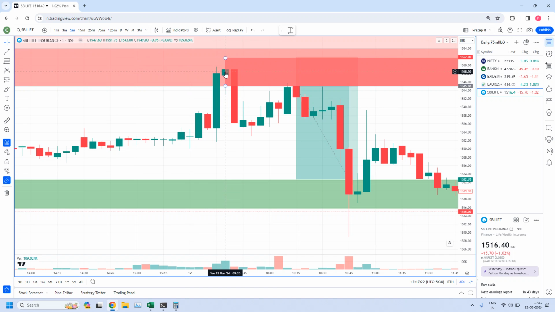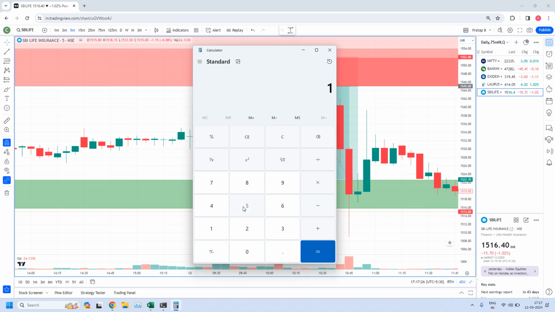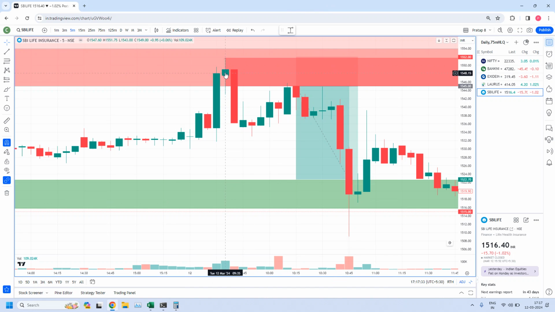High of this candle is 1551.75, minus, and entry is at this zone, the 75 minutes zone. We fine-tuned and adjusted the entry to the 75 minutes entry. That is 1545.05.